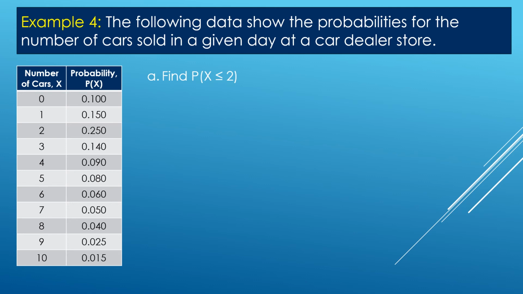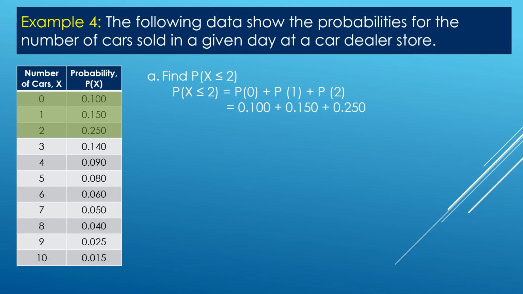And what are the numbers below 2 are 0 and 1. So, these are the 3 probabilities or the random variable 0, 1, and 2. So, we will add the probability of 0 plus probability of 1 plus probability of 2.